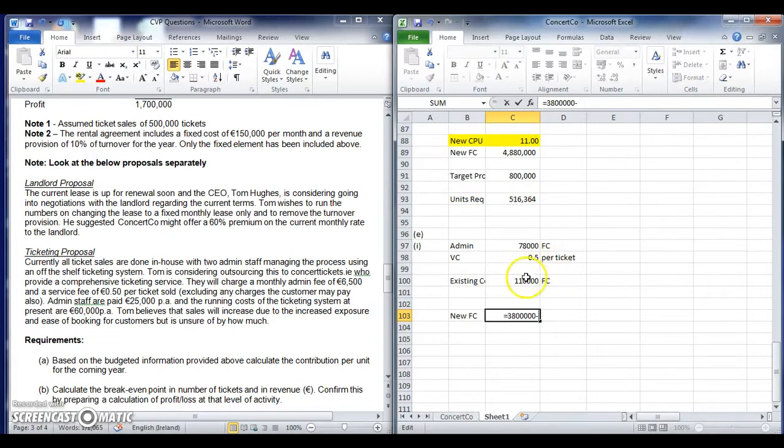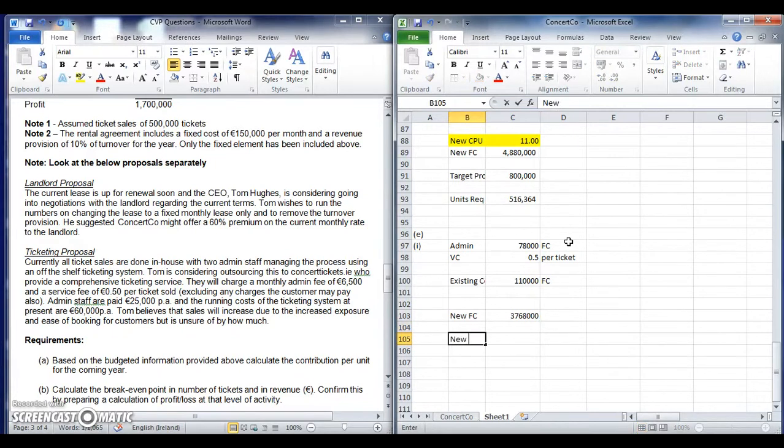You're reducing that by 110,000 because the staff are no longer needed. Now there's the IT system, so you're saving on that, but you have additional fixed costs of the admin fee every month of 78. So that slightly brings down your fixed cost to about 3.768 million.